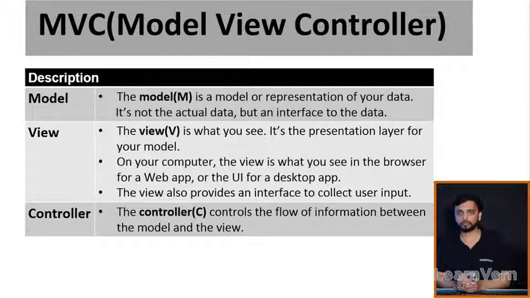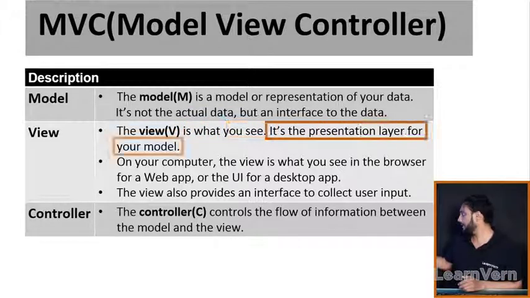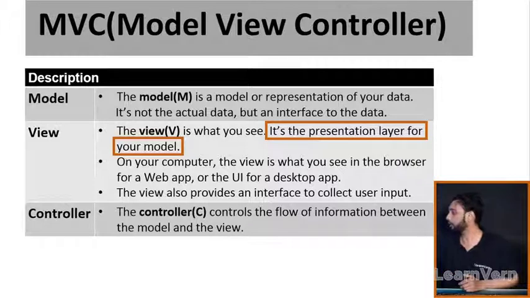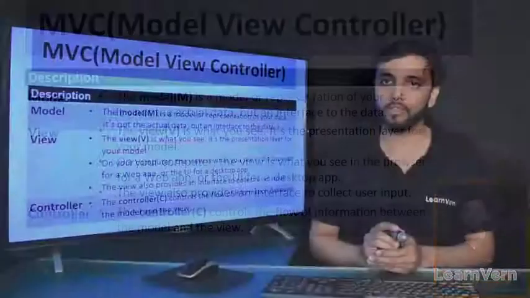What is view? The view is what you see. It's the presentation layer for your model. As I said, the model gives us backend support to the user interface. View provides users the user interface.